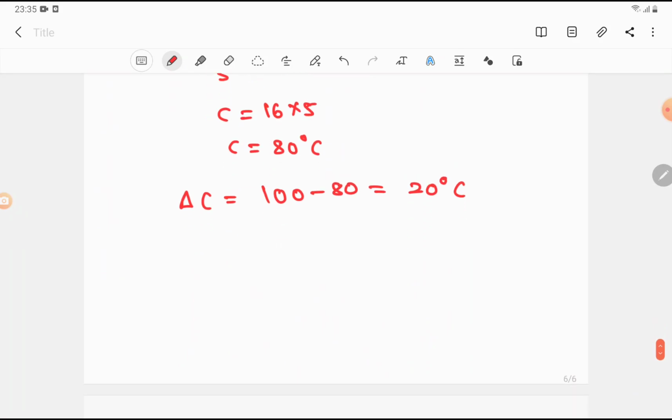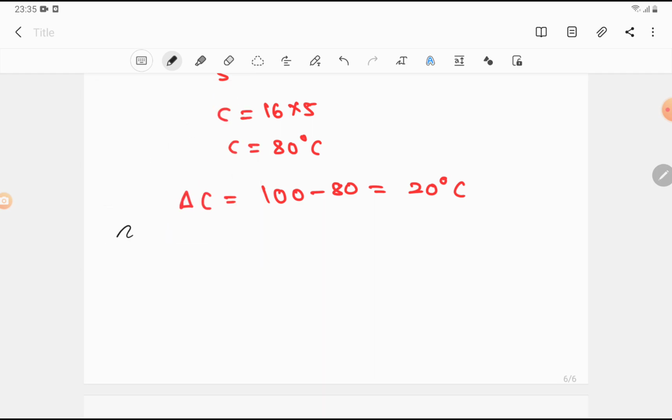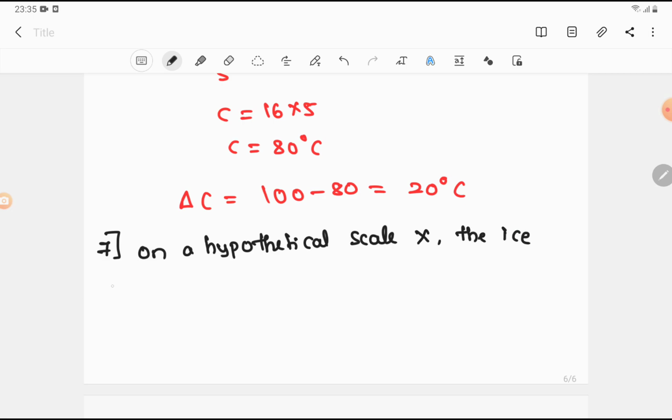Question number 7, last two problems. On a hypothetical scale X, the ice point is 40 degrees and steam point is 120 degrees. He has a hypothetical scale, not the Celsius, not the Fahrenheit, not the Reaumur.